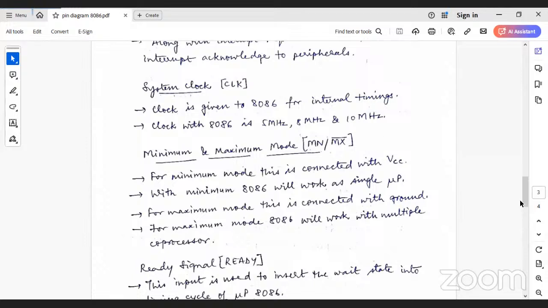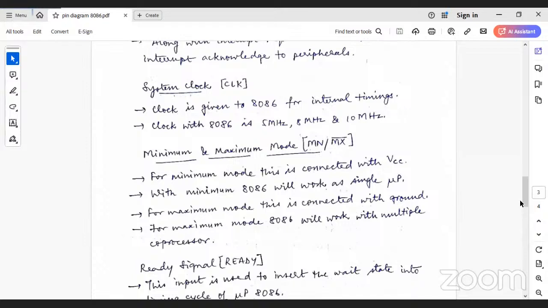And compared to your 8085 and 8086, those advanced processors, 286, 386 and 486, their pin diagram is also a little complex only. But then again, you have to look at the important features of those processors, how it is different from your 85 and 86.